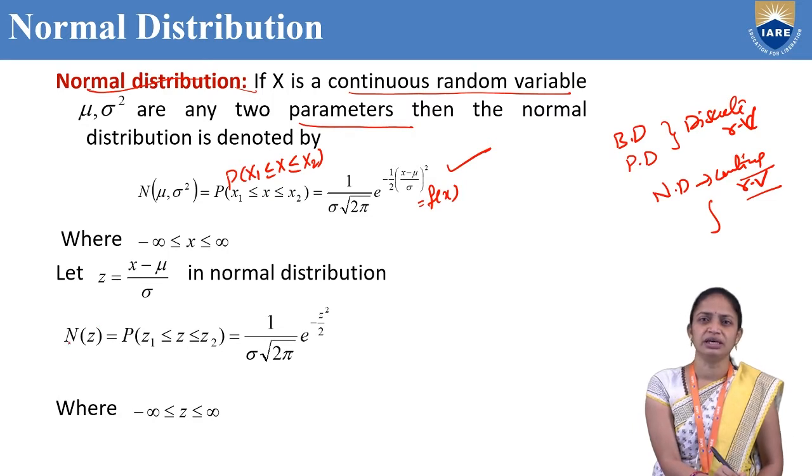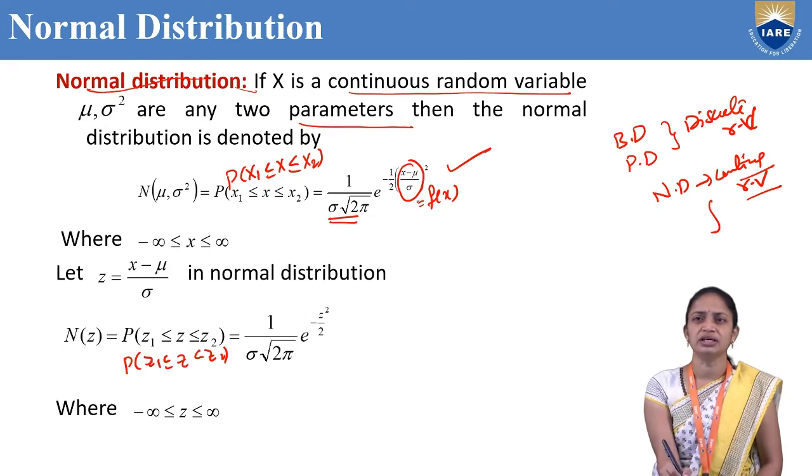Then N of z is equal to P of z1 less than or equal to Z less than or equal to z2, that is equal to 1 by root 2 pi e power minus 1 by 2 into z whole square, where z is x minus mu by sigma.